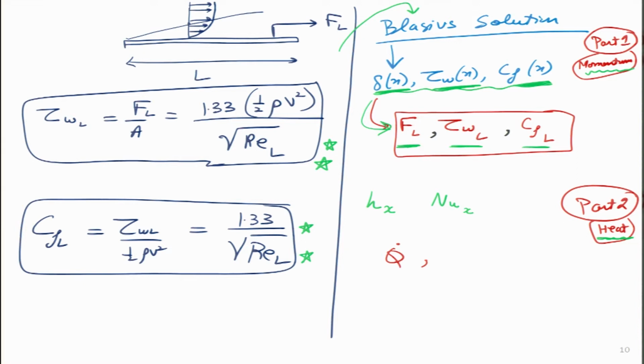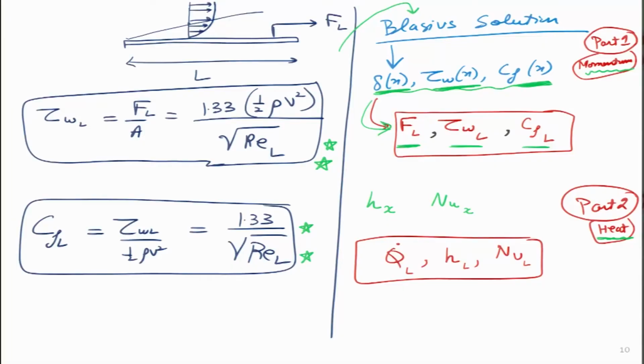One is the overall rate of heat transfer, another is the overall convective heat transfer coefficient, and the third is the overall value of the Nusselt number. I can put subscript L over here because I am dealing with a flat plate of length L. The width I am assuming is unit width, or capital W, which you can see gets cancelled out. So, it is independent of width, but predominantly dependent on the length. So, this is what we want to do next.